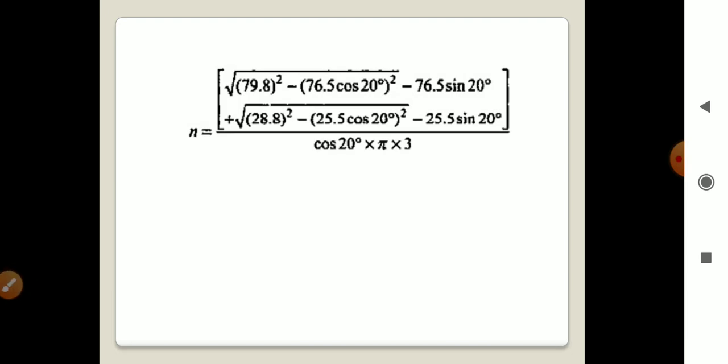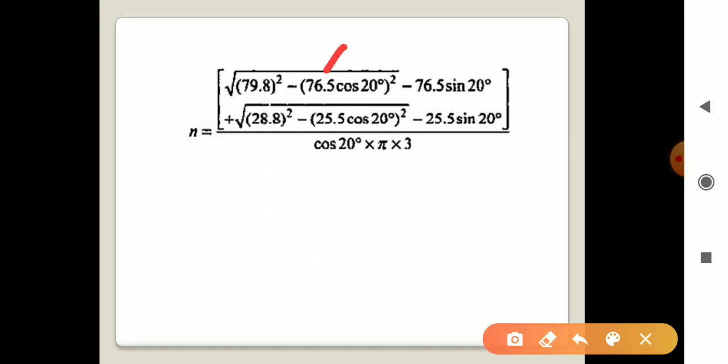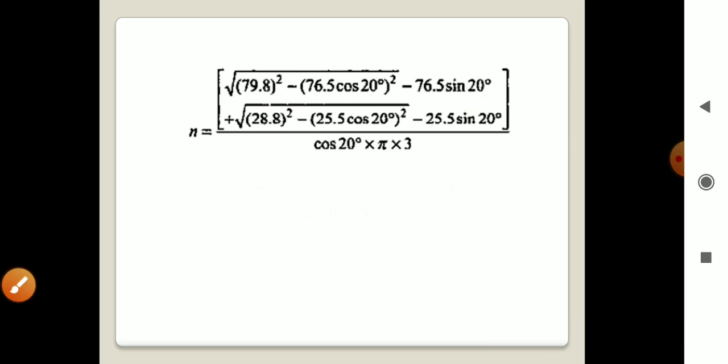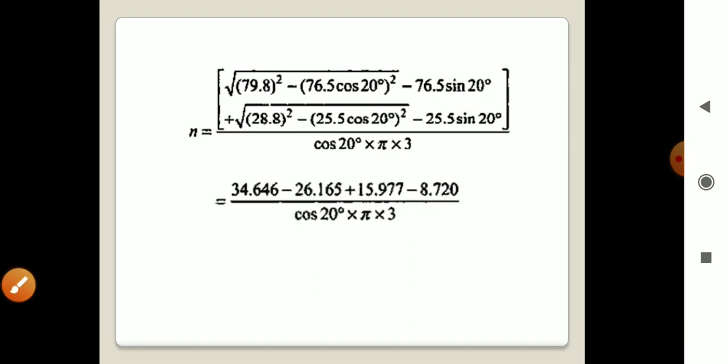Under root 79.8 square minus capital R, which is 76.5 into cos of 20 whole square, minus 76.5 sin of 20. Next, small ra is 28.8 whole square minus small r, which is 25.5 cos of 20 whole square, minus 25.5 sin of 20, divided by cos of phi, that is cos 20, into pi into m, which is 3.